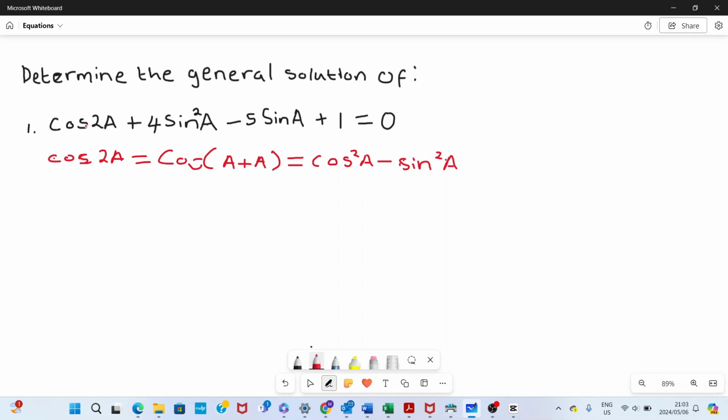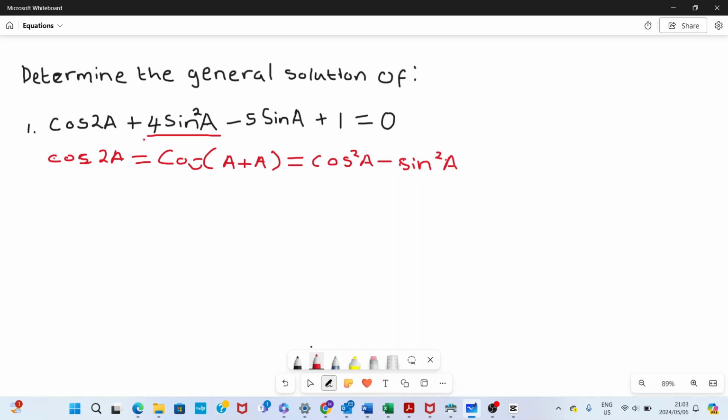If we look at this equation here, this is very key in guiding us in terms of what we want to end up having, because you can see that this is sine squared of a and this is sine of a. So we would like to change everything to be in terms of sine a so that we can solve for a, because our general solution will be in terms of a.